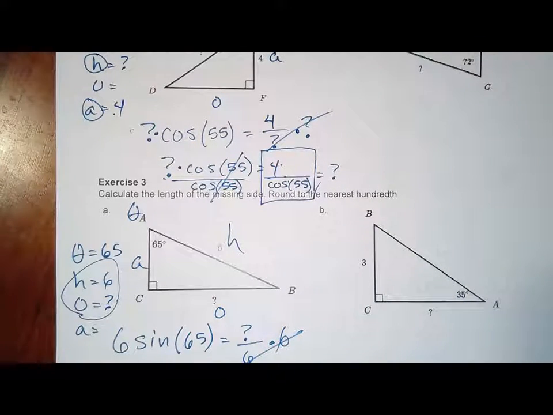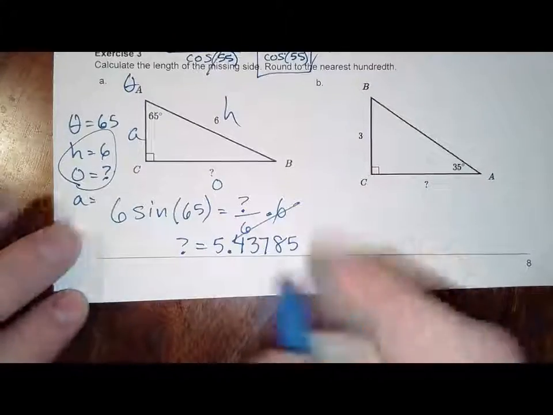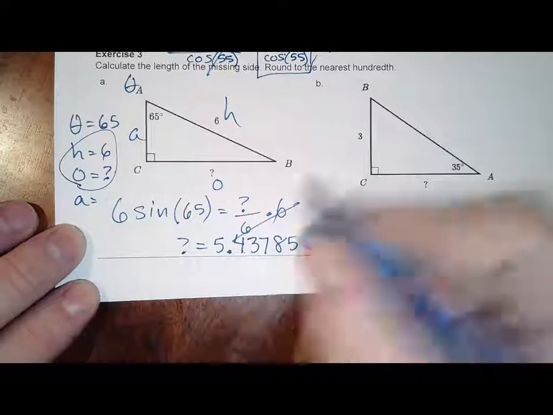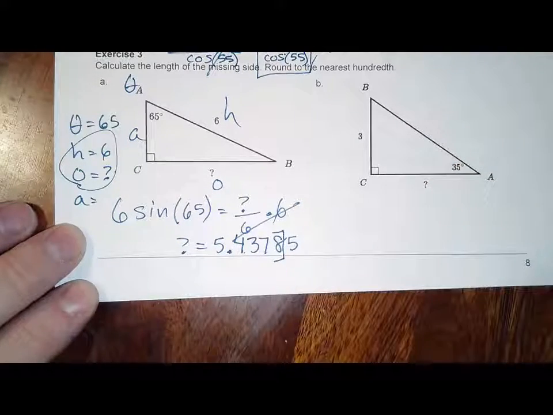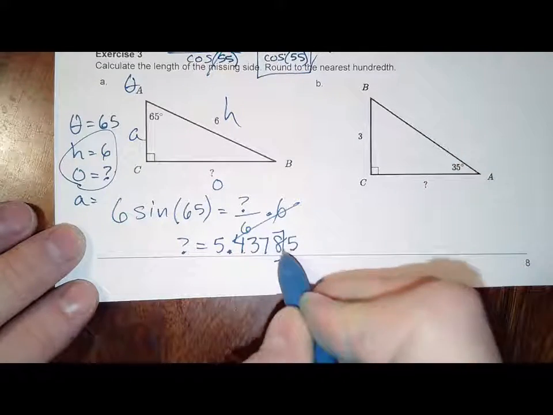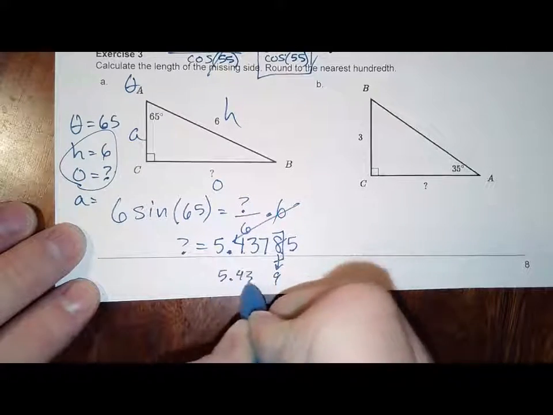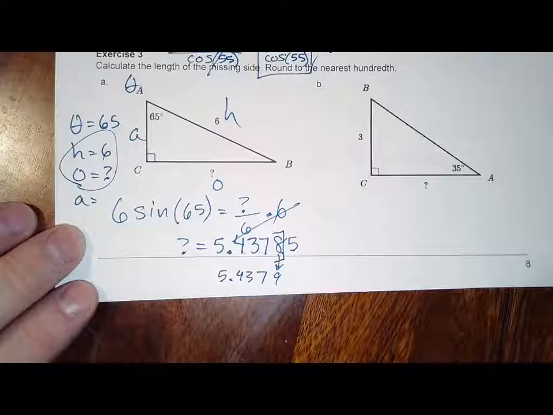Okay, when I plug it into the calculator it gives me 5.43785, and I only need to report, well, really I don't need to report more than 4 decimals. However, the 5 makes the 8 go to a 9. Just make sure you remember to round correctly.